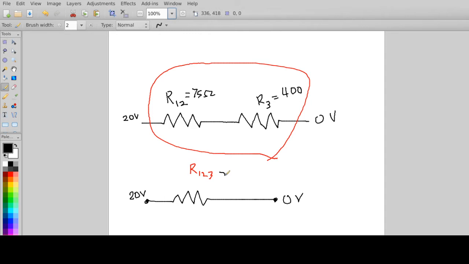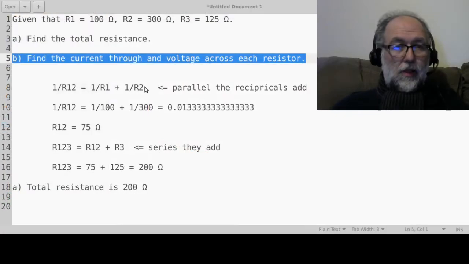Well, it's R123, and we found that it's 200 ohms. I didn't ask you to do this, but the first thing you should calculate is the current through this. And now it becomes trivial, because you have a voltage V, a resistance R, and a current I.